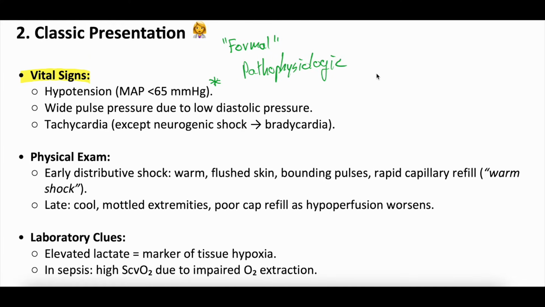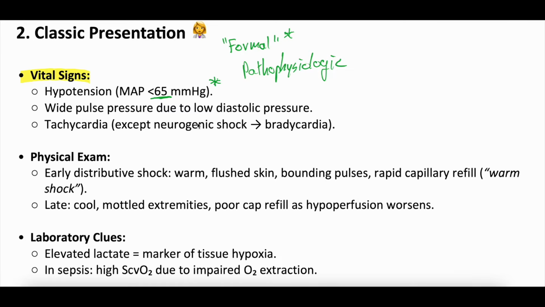Shock in general is inadequate oxygen delivery to tissues on a systemic level. Okay, so you can be normotensive and still be in shock. Although for the formal definition, the one people talk about, hypotension or a MAP less than 65 is often something people discuss. But just know, you do not have to be hypotensive to be in shock, including distributive shock.